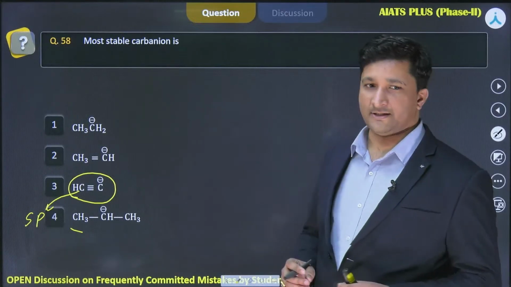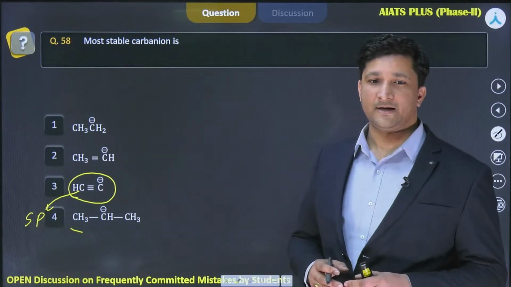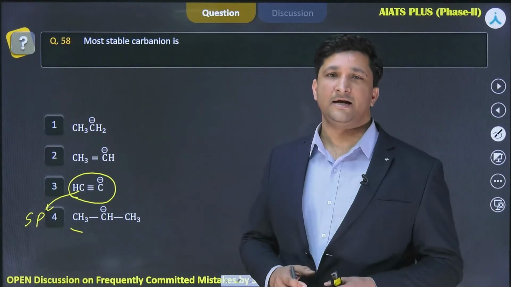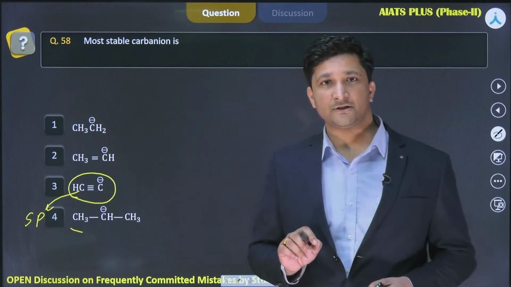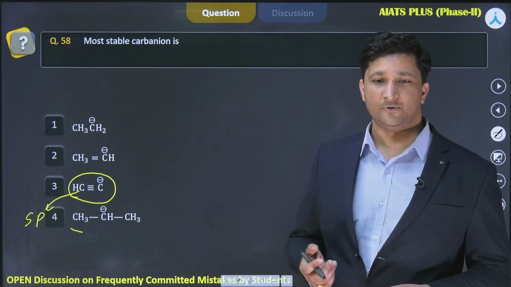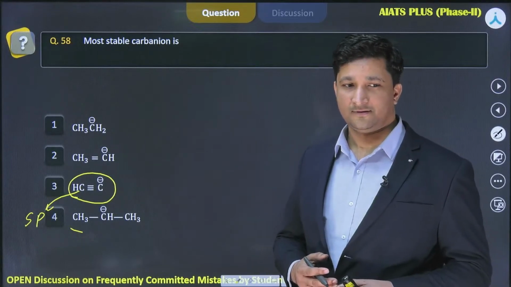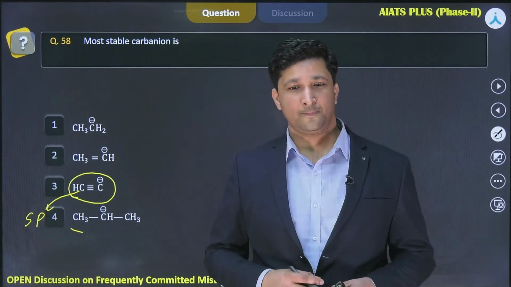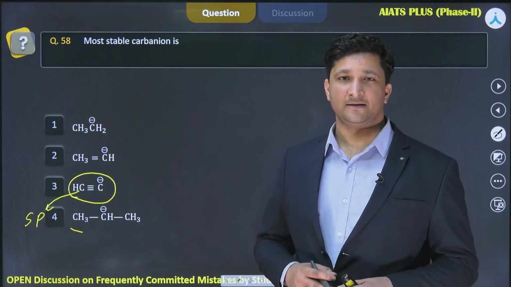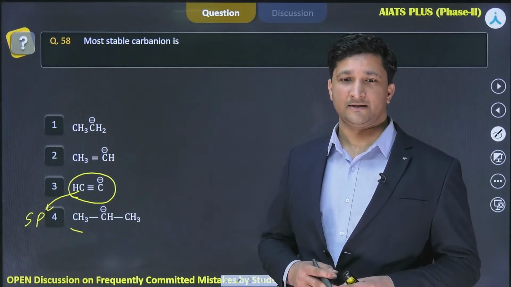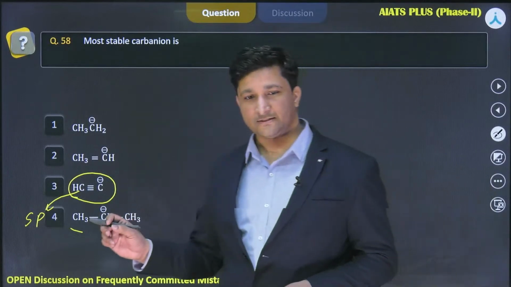Many students are making a mistake here: they are trying to apply the hyperconjugation effect, but hyperconjugation will not be that applicable here, because as I have already told you, hyperconjugation takes place in case of free radicals or carbocation. Where is hyperconjugation, Rahul? It is negatively charged. It applies either on a carbocation or a free radical. On a carbanion, hyperconjugation does not have that much effect.